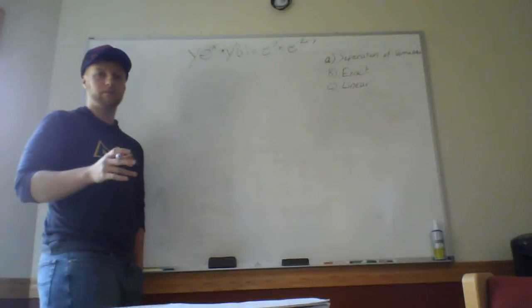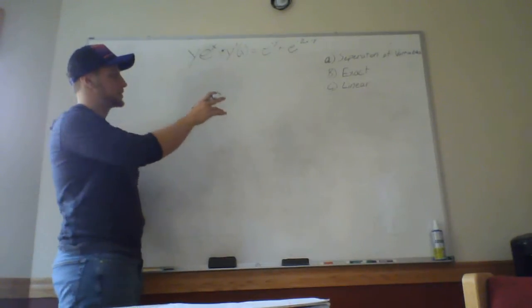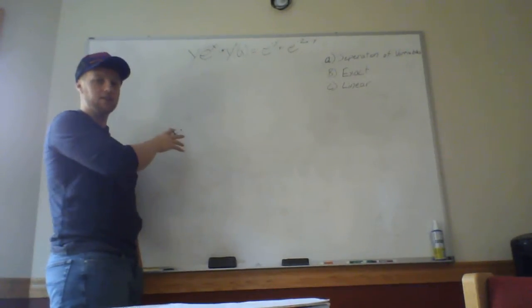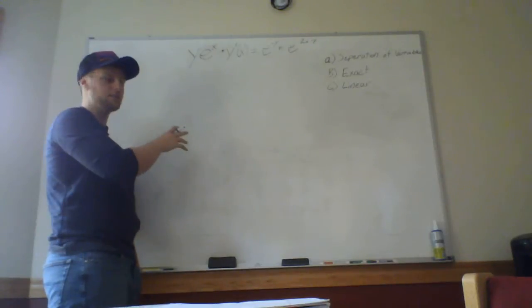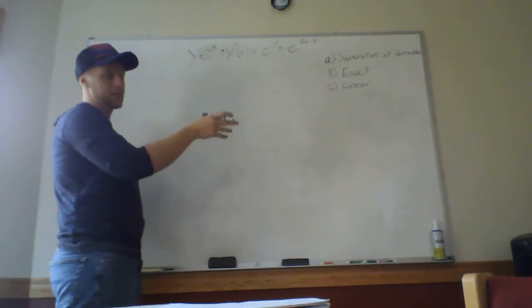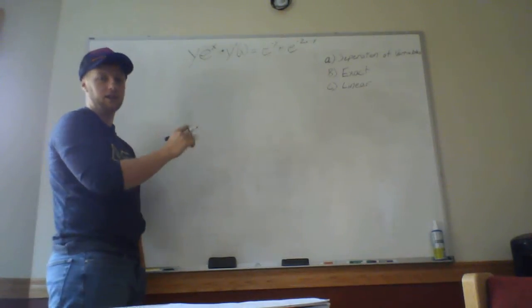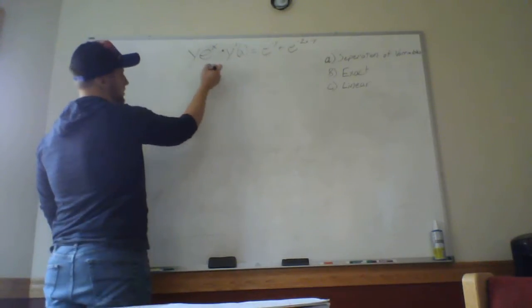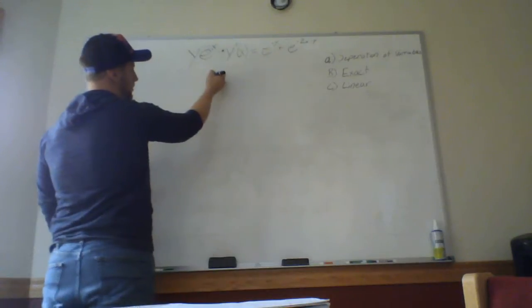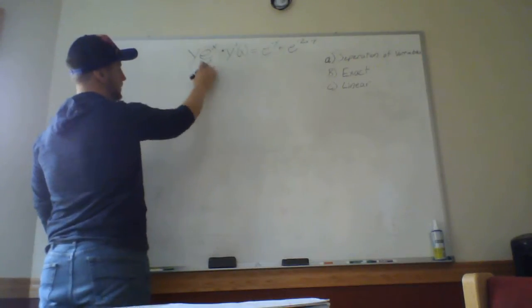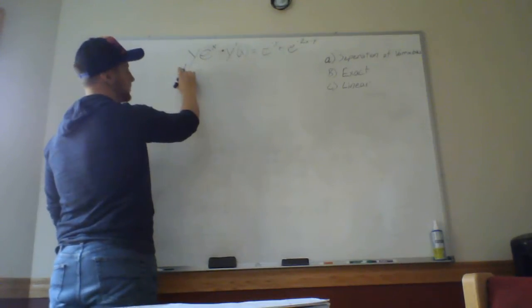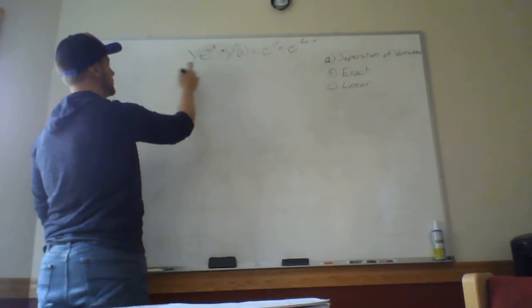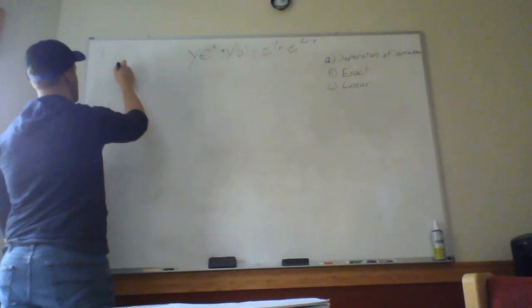So I have to prove if you can get all the bits for the dependent variable on one side of the equation along with the dy, and then all the bits for the independent variable on the other side of the equation with the dx. To start off, we're going to multiply everything by natural log to eliminate our e values.